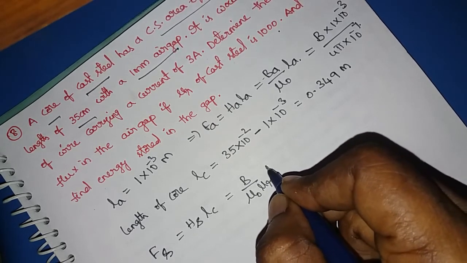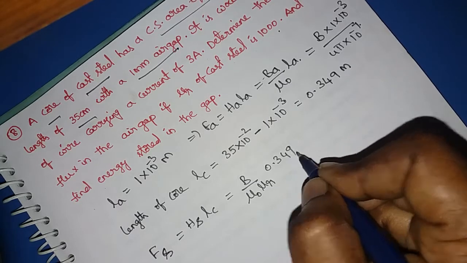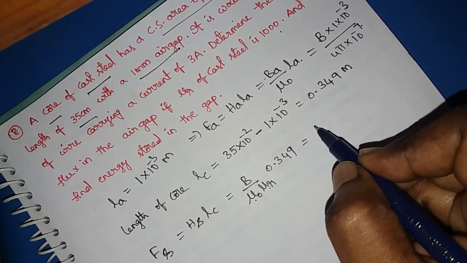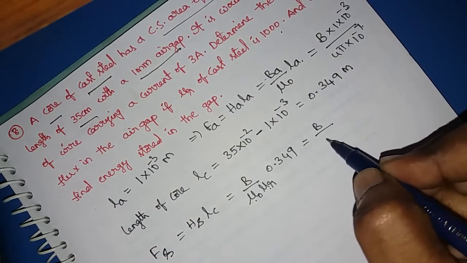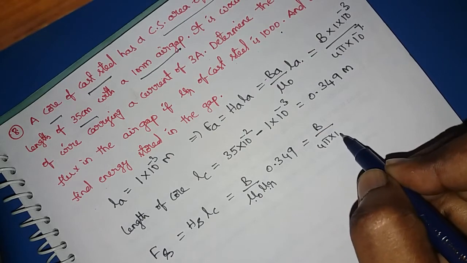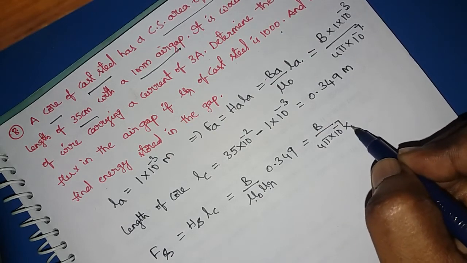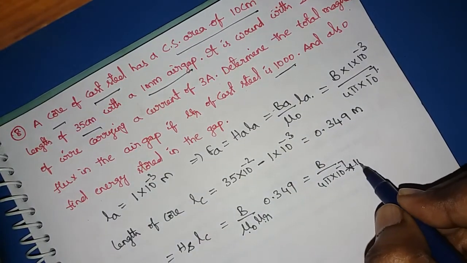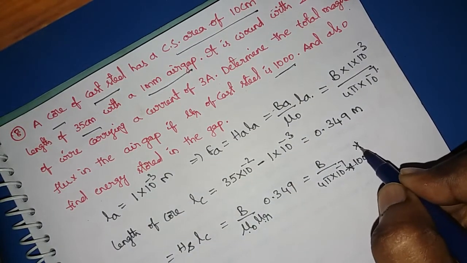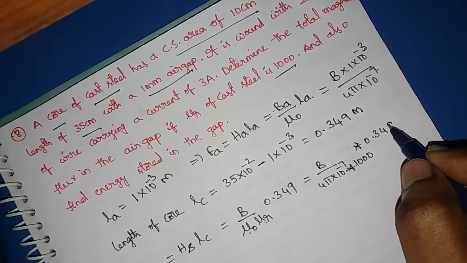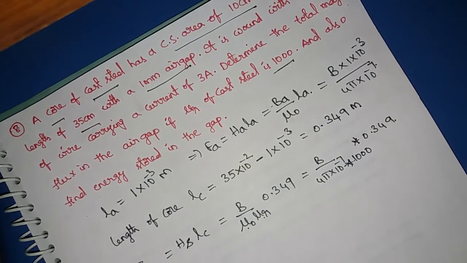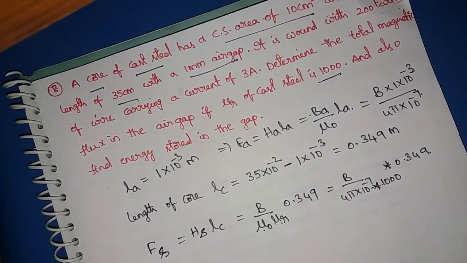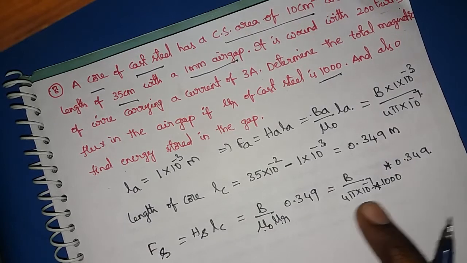LC is 0.349, and we know the value of mu naught, 4 pi into 10 power minus 7, and mu r, he has given the value, that is 1000, into 0.349. So this we know.